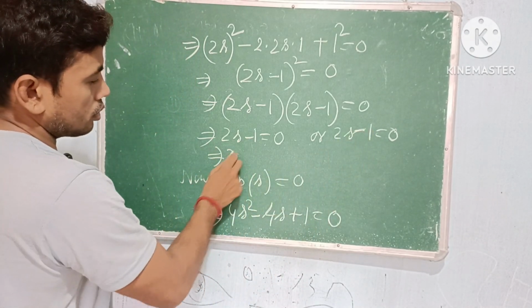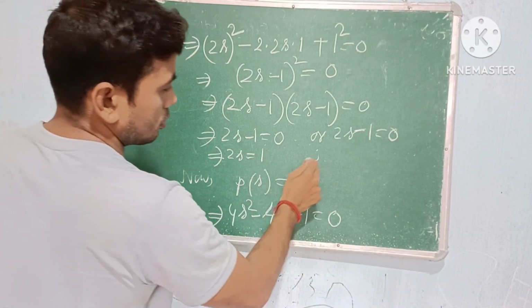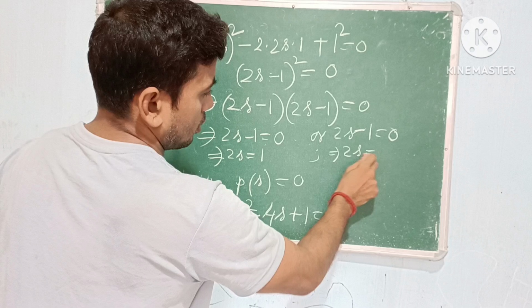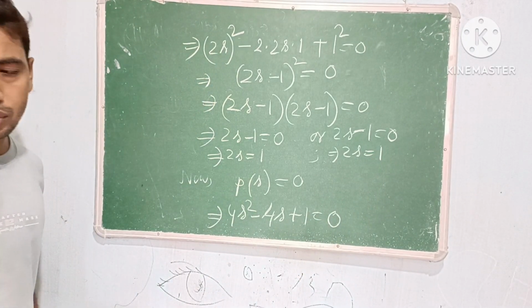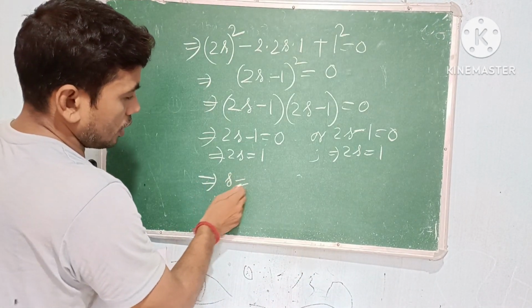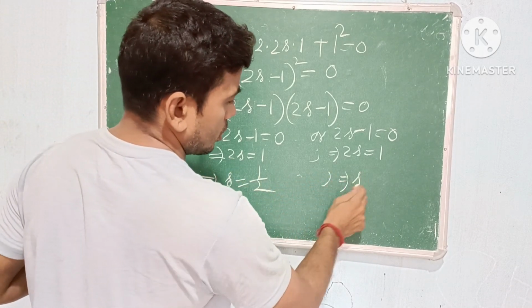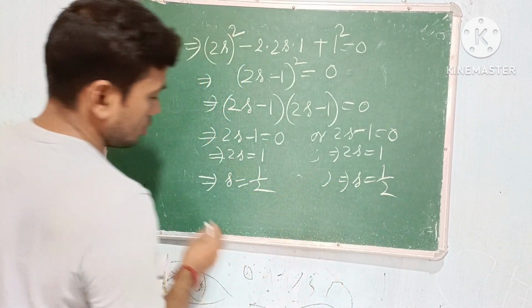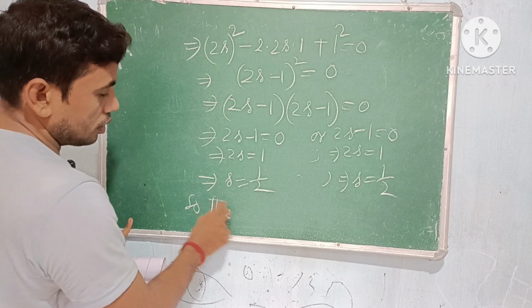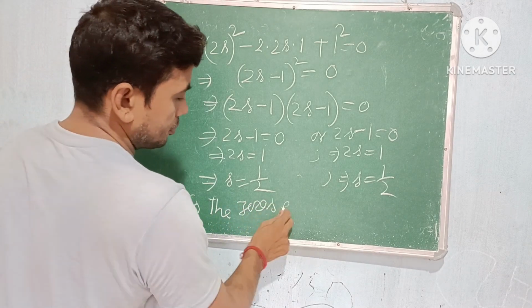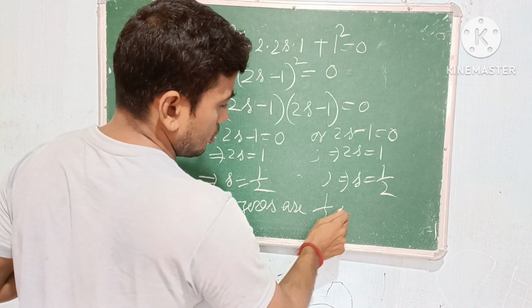So we get 2s is equal to 1 and we get 2s is equal to 1. Here the zeros are same. Okay, from this we get s is equal to 1 by 2, and here also s is equal to 1 by 2. So the zeros are 1 by 2, 1 by 2.